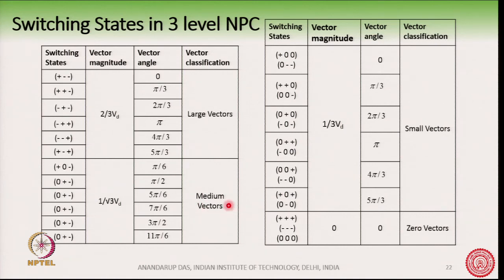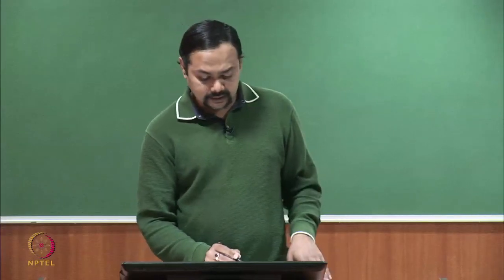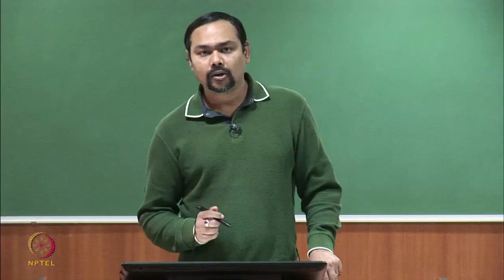Next, we have the medium vectors. There are 6 large vectors, and similarly we have 6 medium vectors. Their magnitude is 1 by root 3 Vd, that is 0.577 Vd, while 2/3 Vd means 0.66 Vd. They are also displaced by 60 degree, however from the large vectors they are displaced by 30 degrees. These vectors sit on the sides of the outer hexagon.